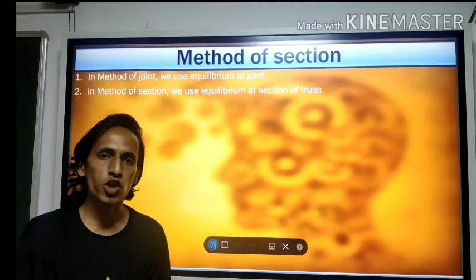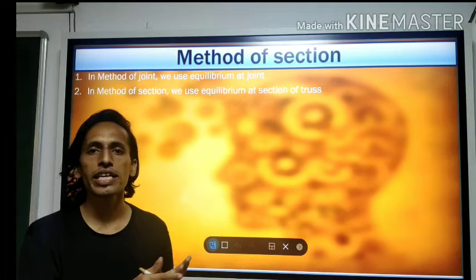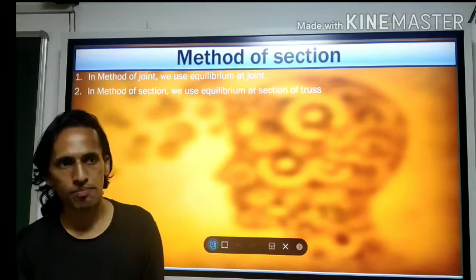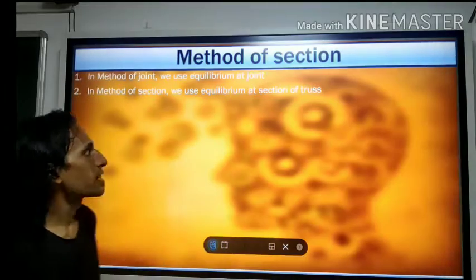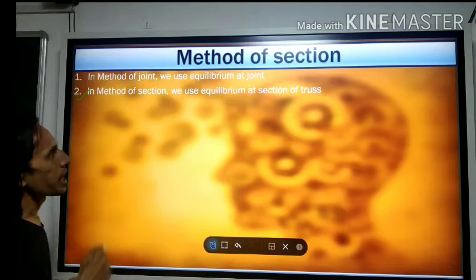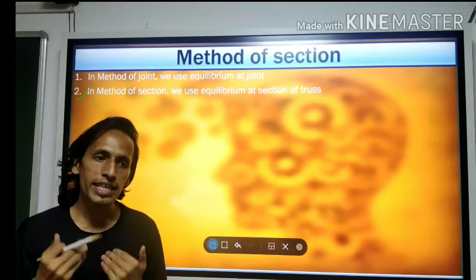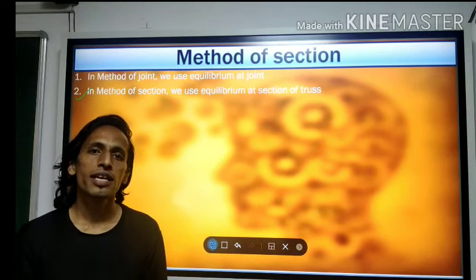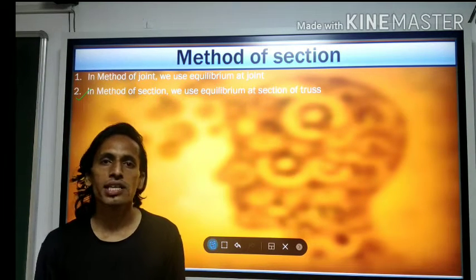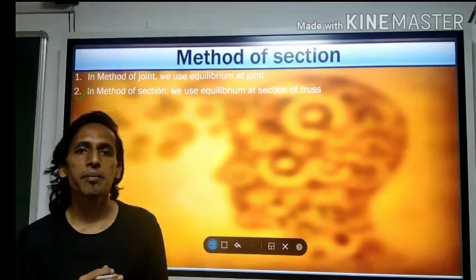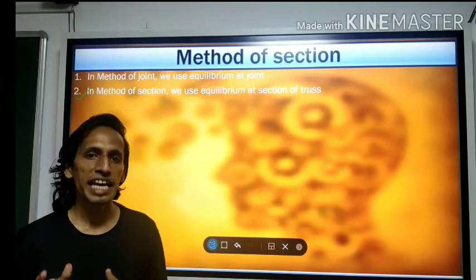At a particular joint, you can apply the three equations of equilibrium. Whereas in method of section, here also you use equilibrium equations, but not at the joint, but at the section.